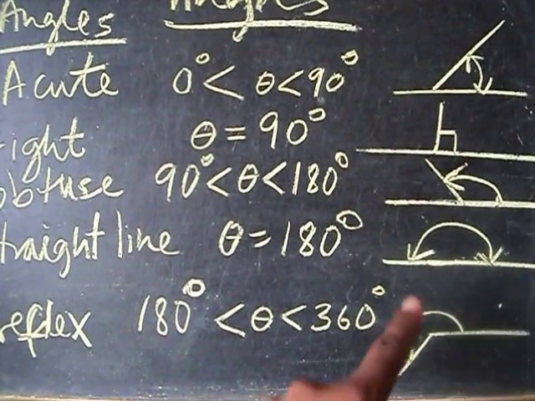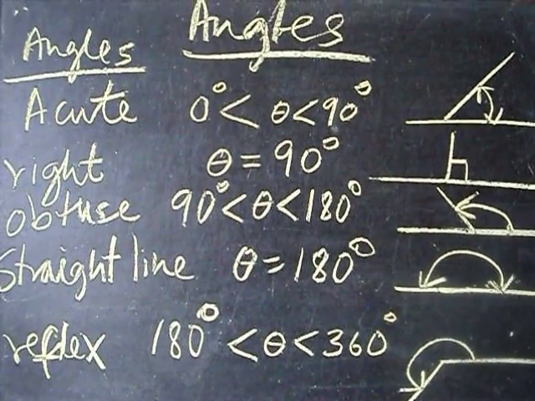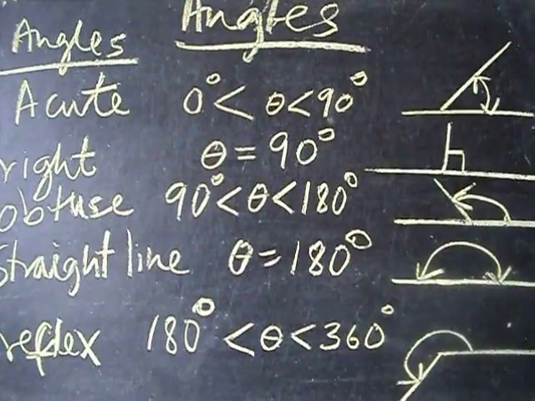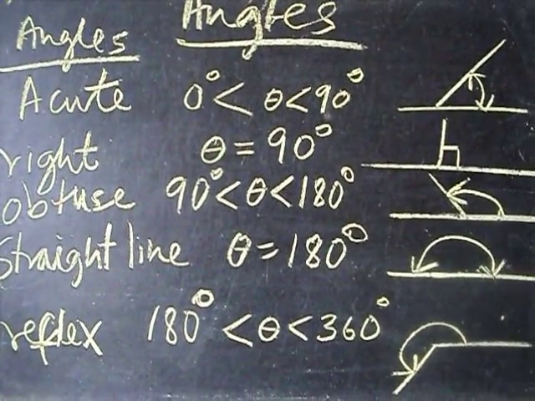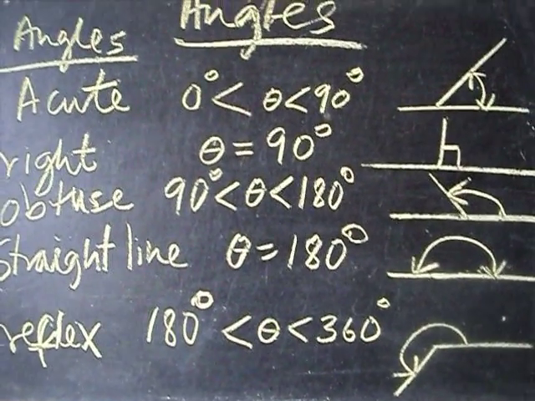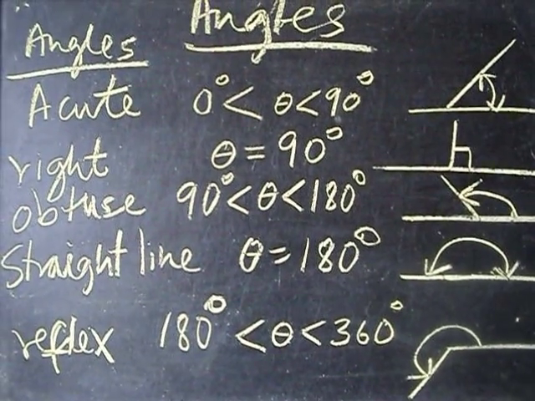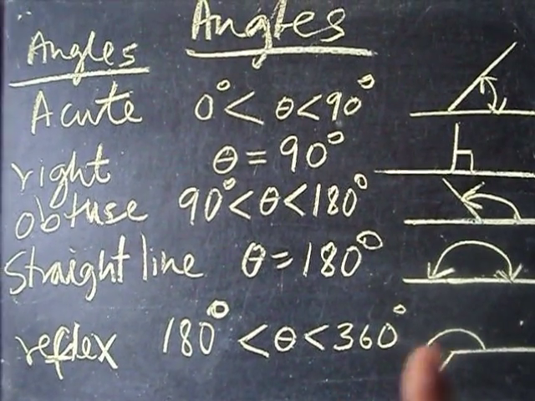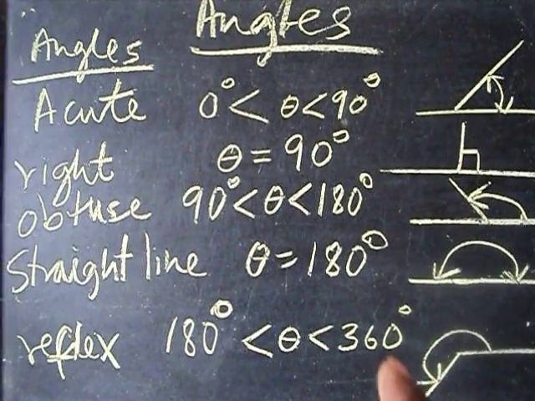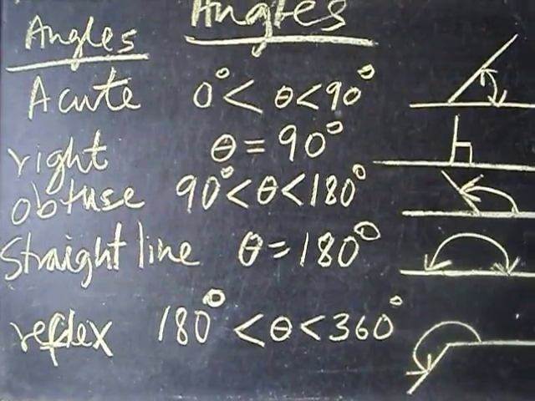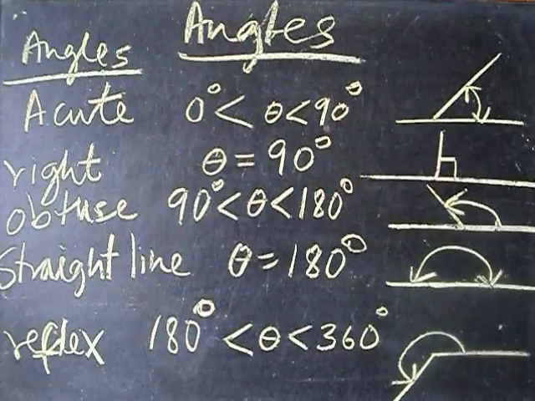But if it goes right around to 360, then this is going to give me a complete circle. However, we are looking at the angle, so between 180 and 360, any region here is reflex. So 181 is a reflex angle.